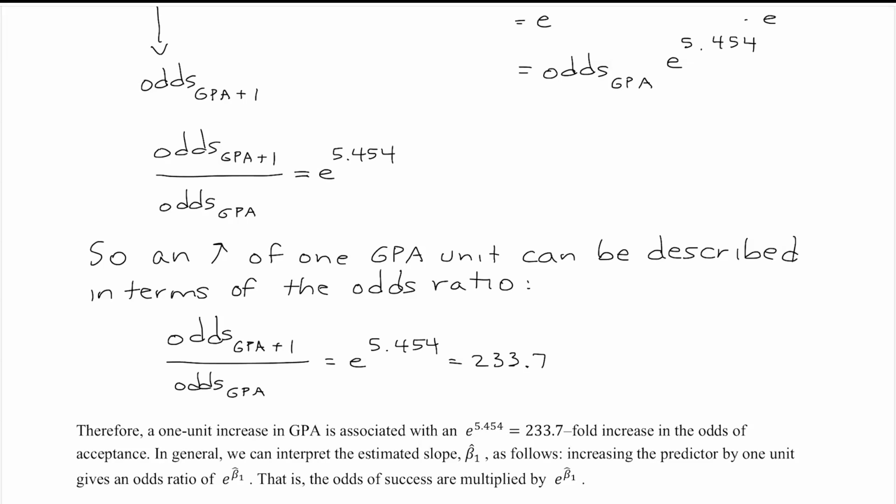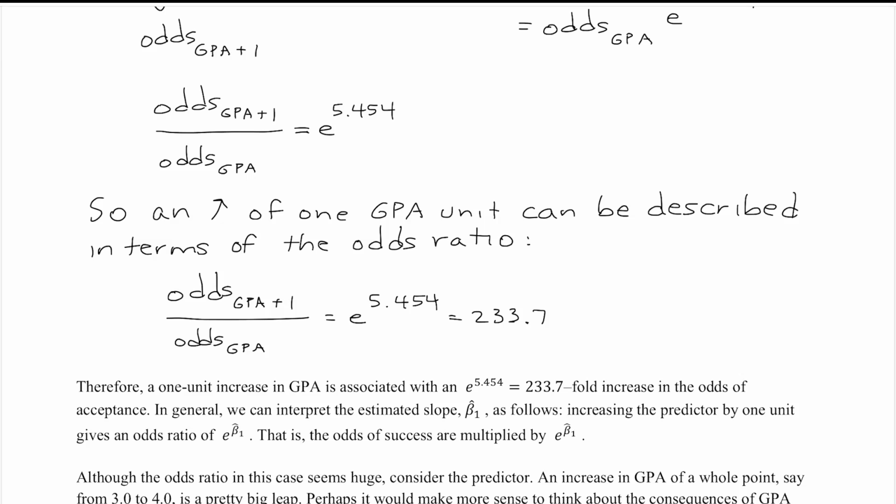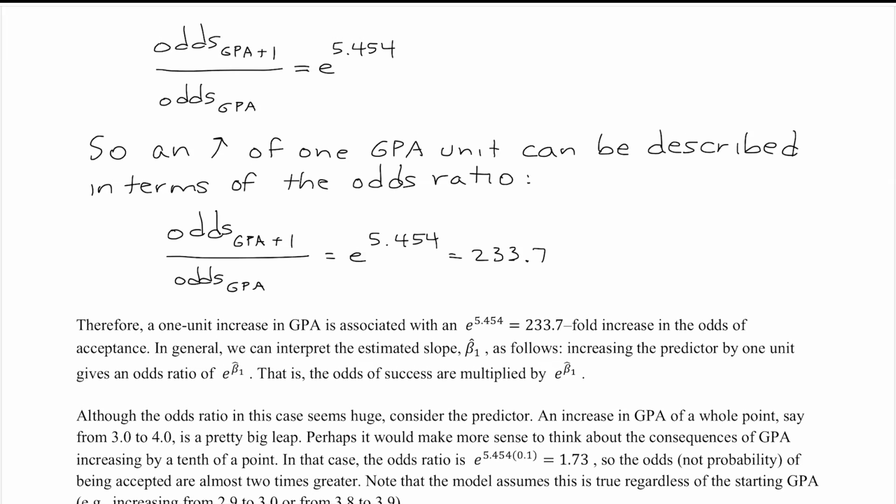So in other words, a 1 unit increase in the GPA is multiplying your odds of being accepted by over 200. So in general, we can interpret the estimated slope beta 1 hat as increasing the predictor by 1 unit gives an odds ratio of e to the beta 1 hat, or in other words, the odds of success are multiplied by e to the beta 1 hat.